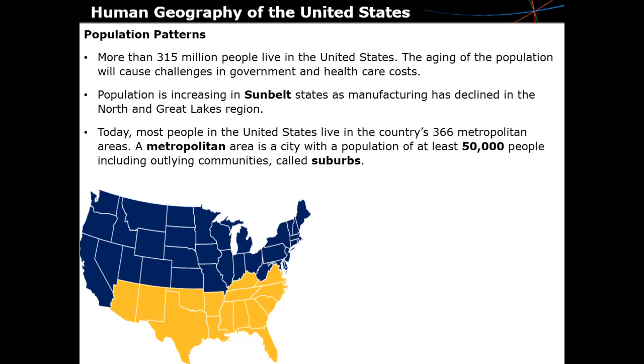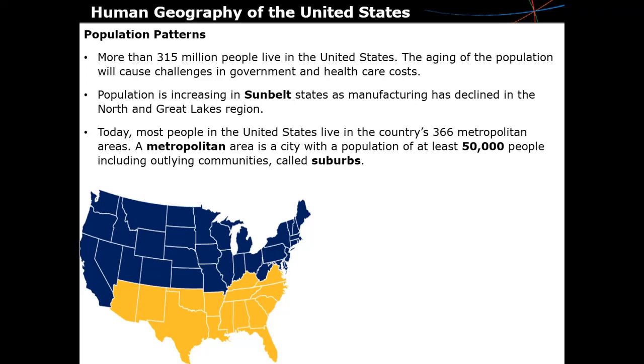More people are moving down into those Sun Belt states because the weather's a little bit better and because manufacturing has really declined in the North and Great Lakes regions. It's something that started happening when the automobile companies started leaving Michigan, and a lot of manufacturing has left those areas. And so people are just going to go where the work is. People are going to go where they can make the best living. So more people are heading into the Sun Belt states, those yellow states there.